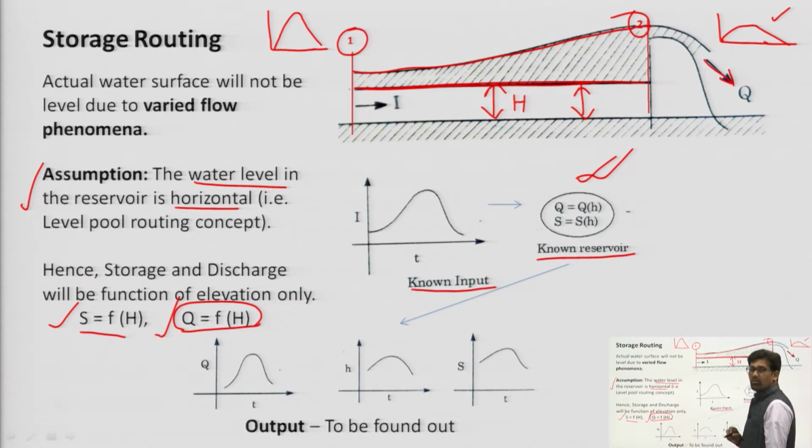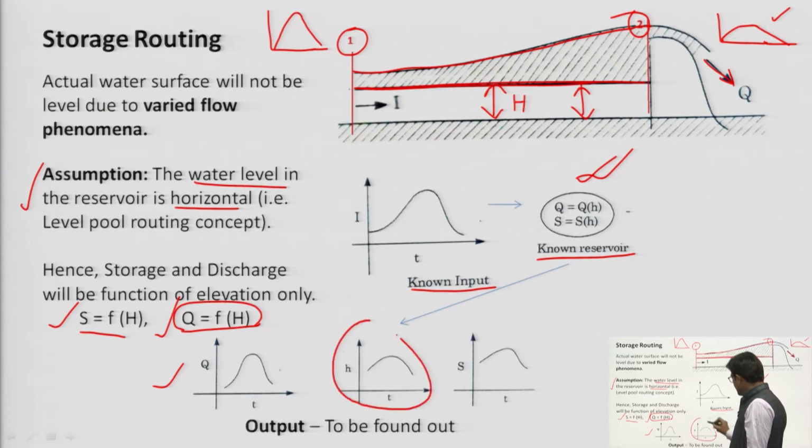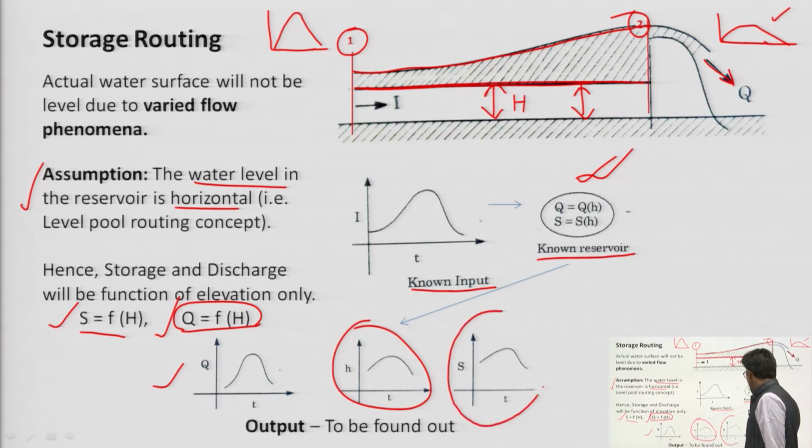So, in storage routing, this is our input, and the outputs which we need to predict at section 2 are, number 1, discharge versus time, meaning the outflow hydrograph, second, depth versus time, and third, storage versus time.